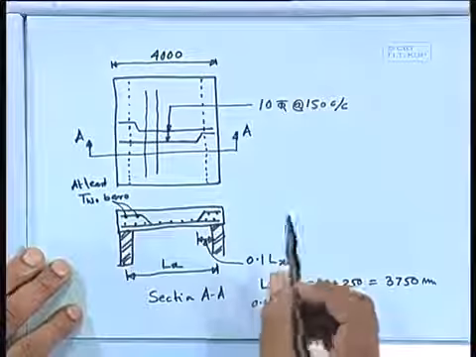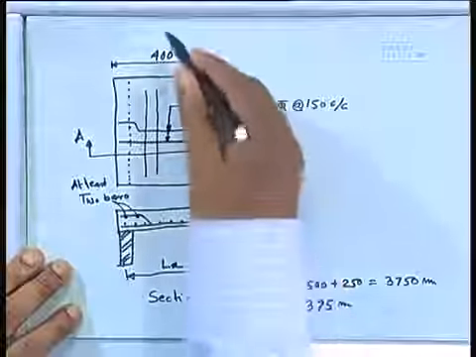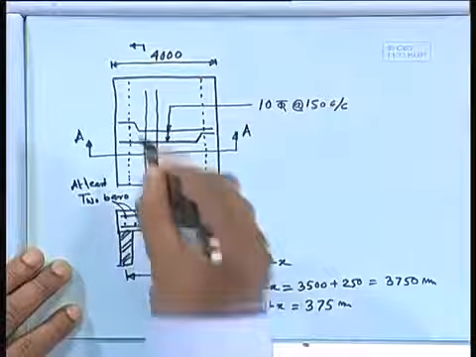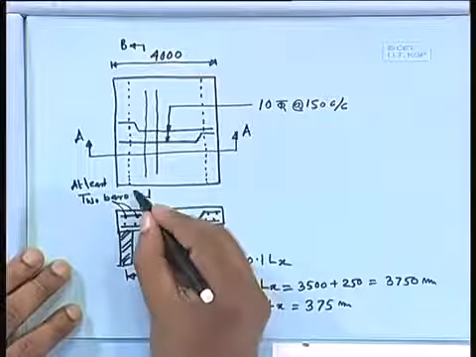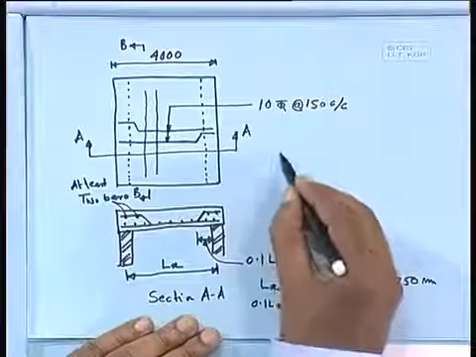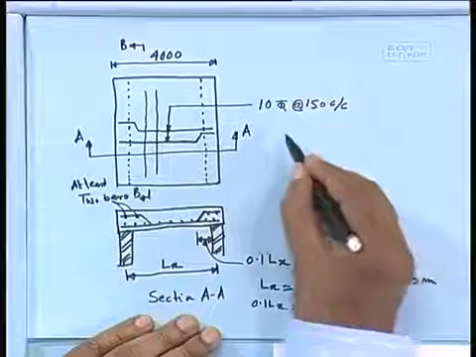Now, what about the other side, this side? That means I can take another section, that is BB, and which we can provide, say here, though it is not a good choice. So, generally we provide somewhere here.